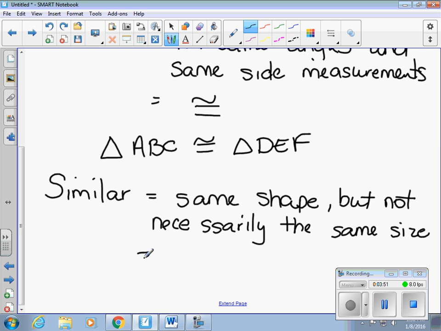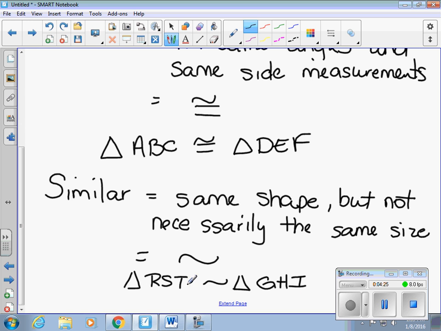The symbol for similar is just the squiggly line, not the equal sign underneath. Just a squiggly line. Yeah, it does make you think of the pi, except I just don't have the two little lines underneath. I would do the same thing with labeling, and I might have triangle RST is similar to triangle GHI.